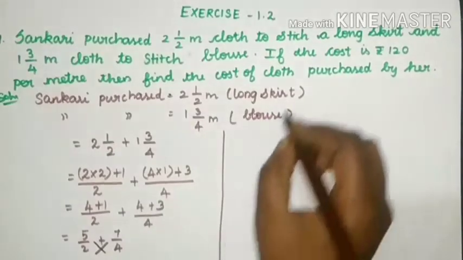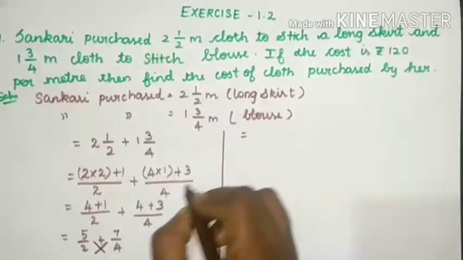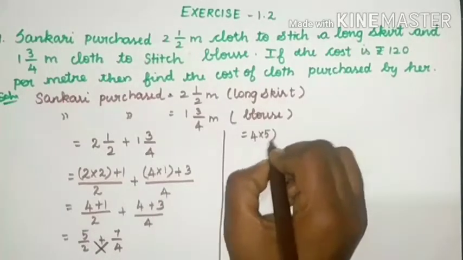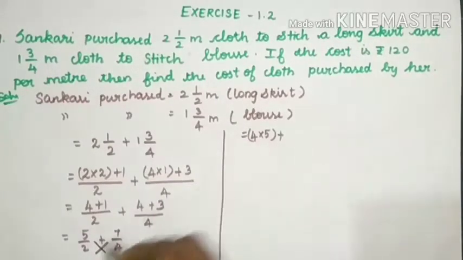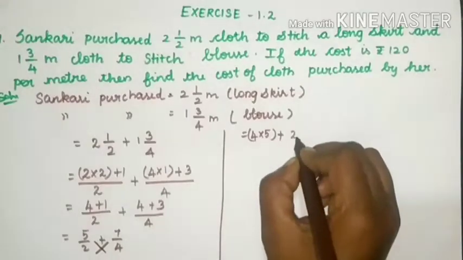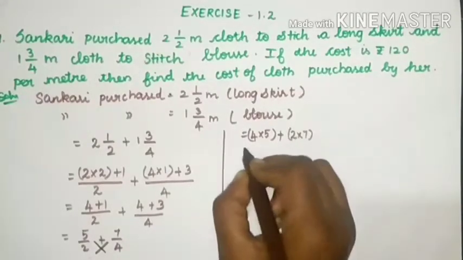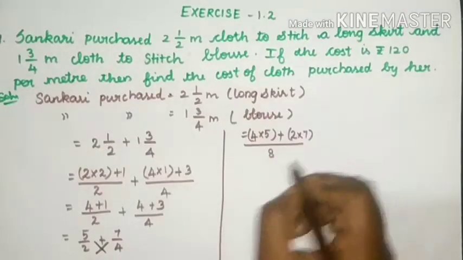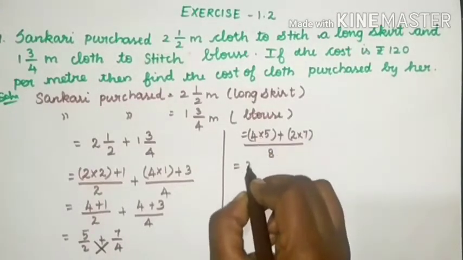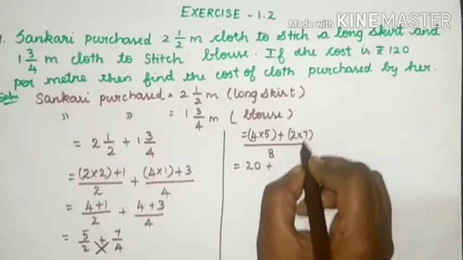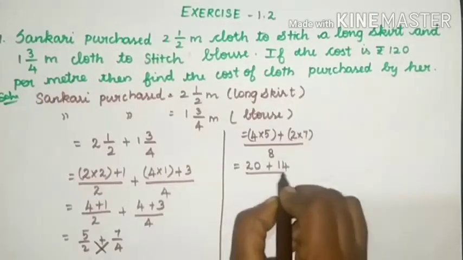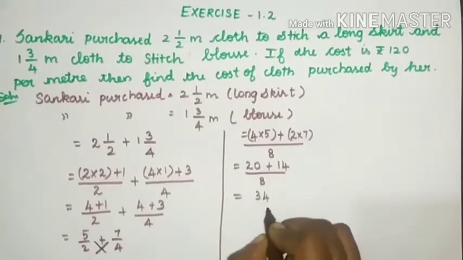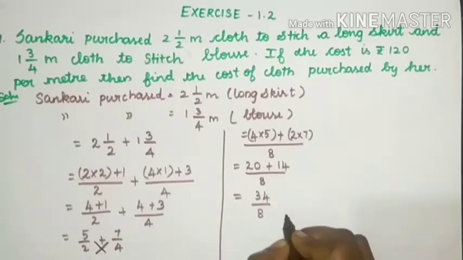That is 4 into 5 plus 2 into 7 divided by 2 4s are 8. 4 5s are 20 plus 7 2s are 14 divided by 8. 20 plus 14 is equal to what? 34. 34 divided by 8.